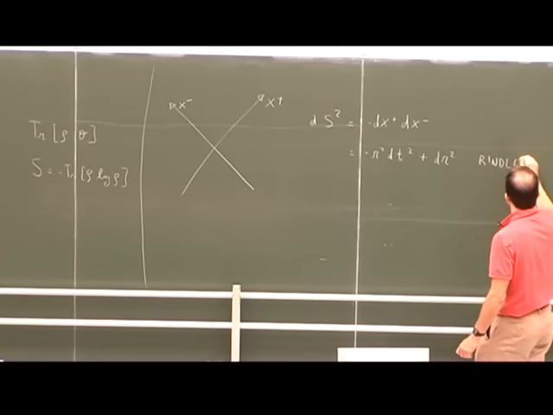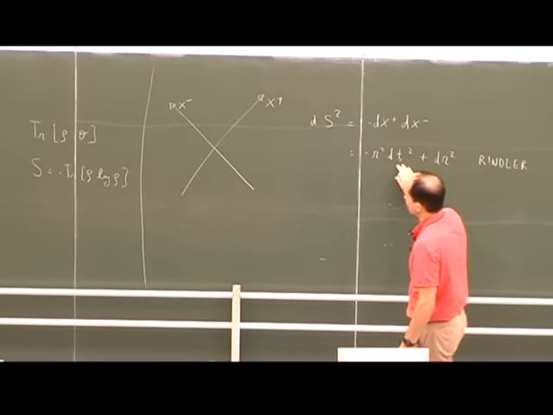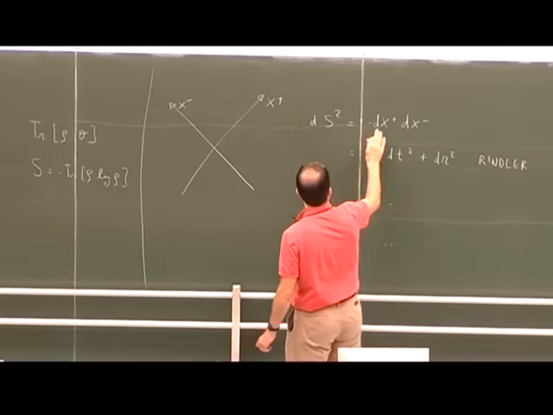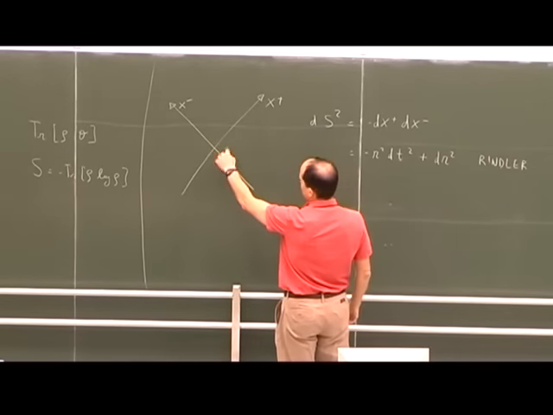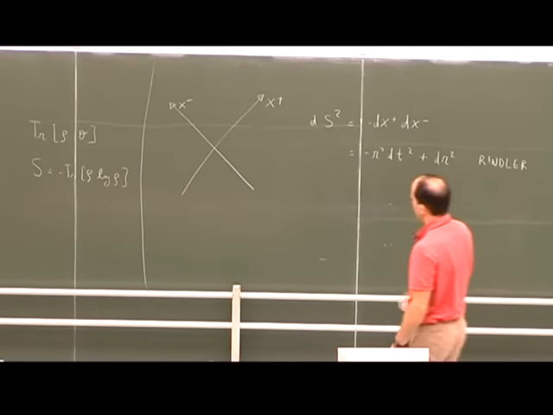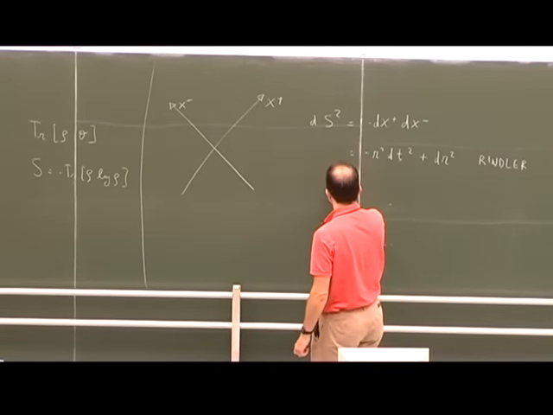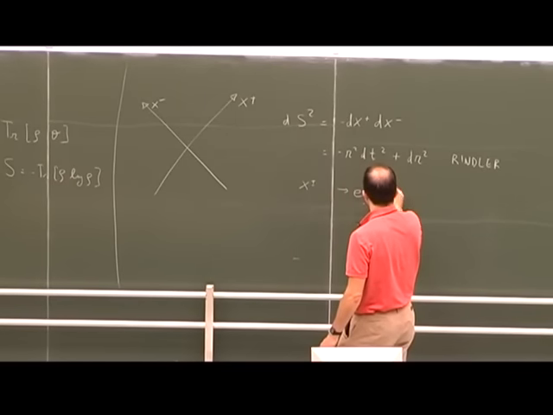The advantage of these coordinates is that they make the boost symmetry of the spacetime around the origin manifest. The boost in the x plus minus plane corresponds to changing x plus and x minus to e to the plus minus t times x plus minus.